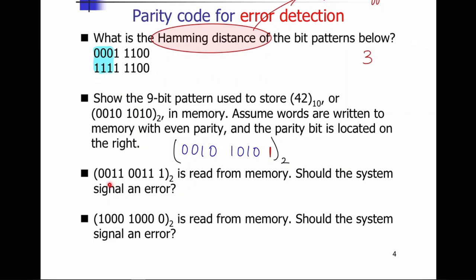Now the next question here is, we have some 9-bit pattern that is given to us. This is being read from the memory. So now we are looking at the other side. Storing is done. Now we are trying to read it and check whether error is there or not.